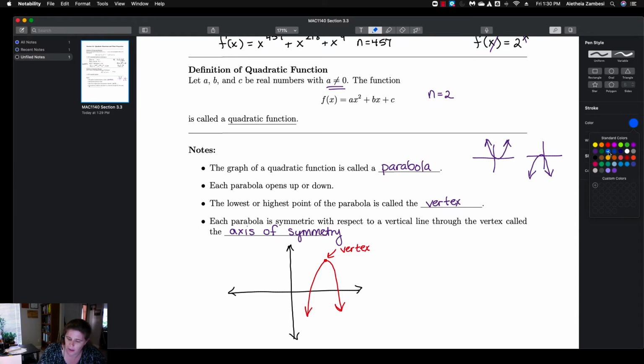We could plot in our axis of symmetry. It would be a line like this. It's always equal to an x equals line because it's a vertical line. We will also locate any x-intercepts or y-intercept points, to help us with some plotting of these graphs.